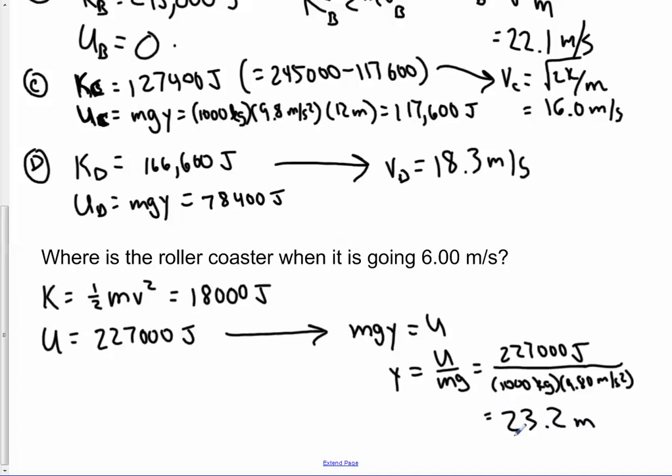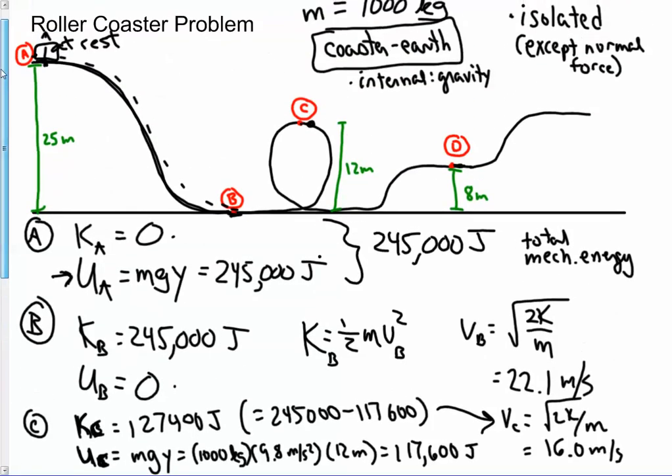So the roller coaster would have to be 23.2 meters above the ground to be going 6 meters per second. So that would be somewhere up here. Actually, the way I drew the roller coaster, there's only one place. It would have to be right around there at 23.2. Okay, so this is a very typical application of conservation of mechanical energy. I'll stop this particular video here and pick up in a second part.